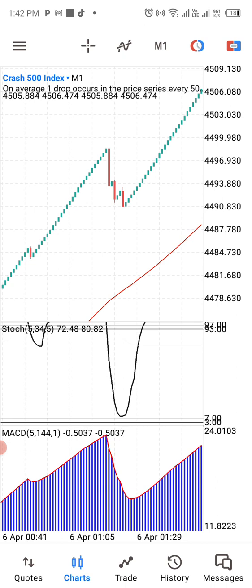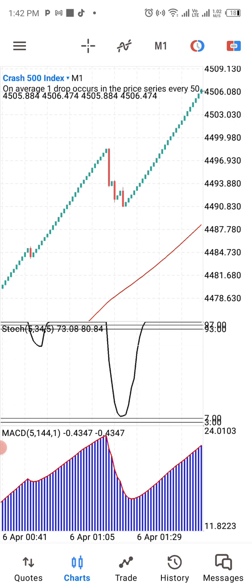Now, as I said earlier, when you are trading Crash 500 or Crash 1000, that means you are buying, you are waiting for buy signals only. If you want to trade sell signals, you only wait for Boom 500, Boom 1000 signals before you place your sell trade.